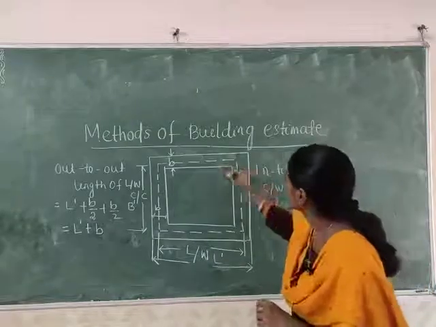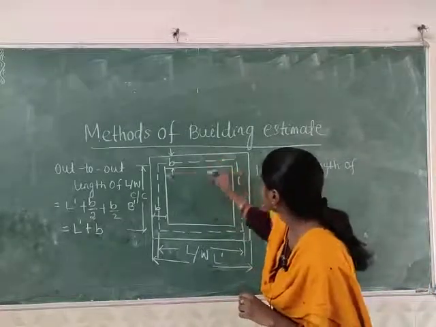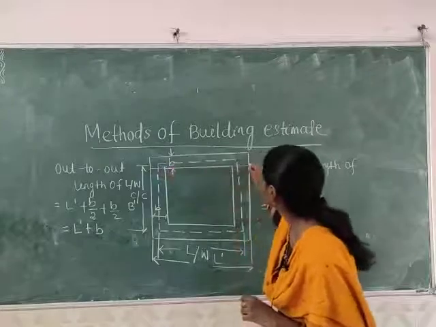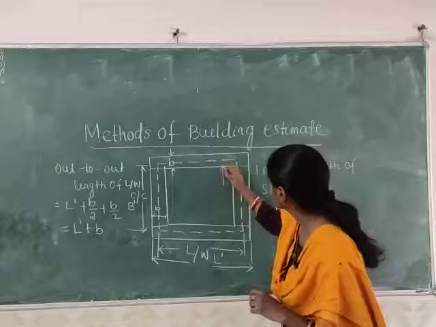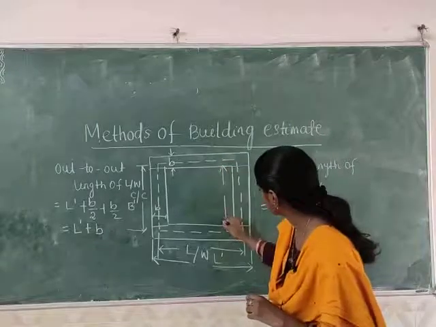We need to find out the in to in length of short wall, that means from this to this.